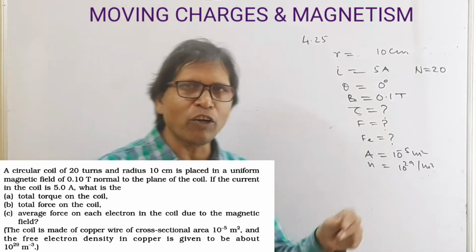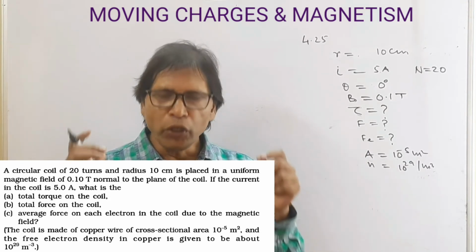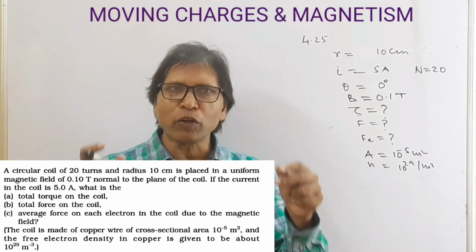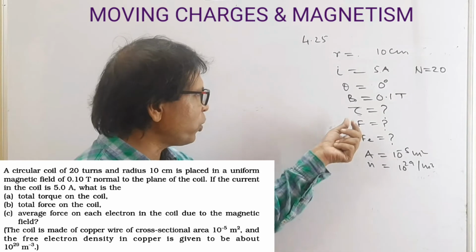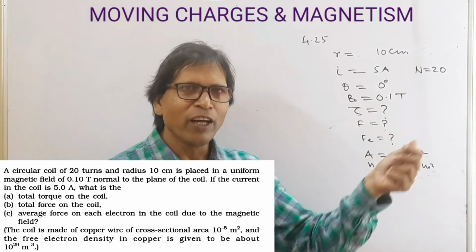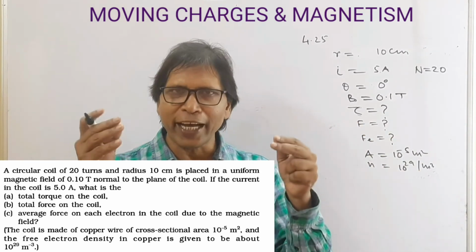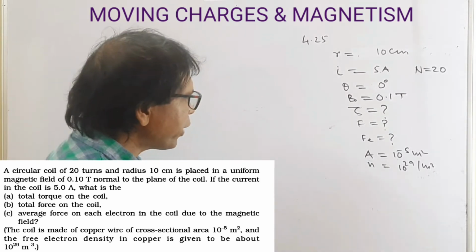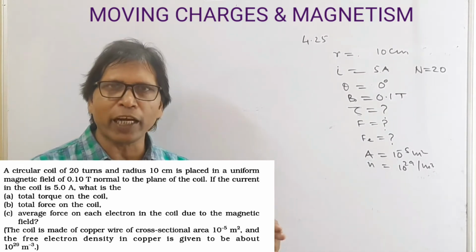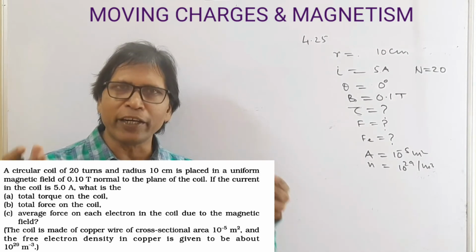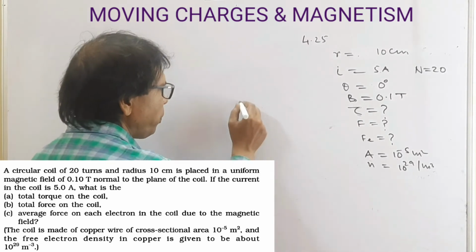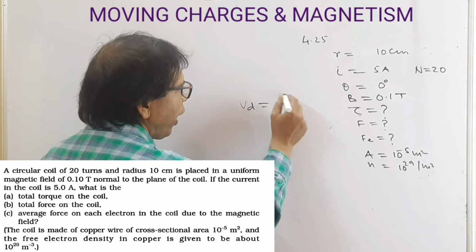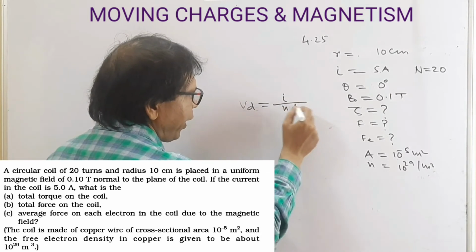Now the force acting on the coil. We know the force acting on a closed loop is 0, so the force acting on the coil is 0. Now what is the force experienced by each electron? To calculate the force on each electron, we have to calculate the drift velocity. So drift velocity Vd equals I by NAe.